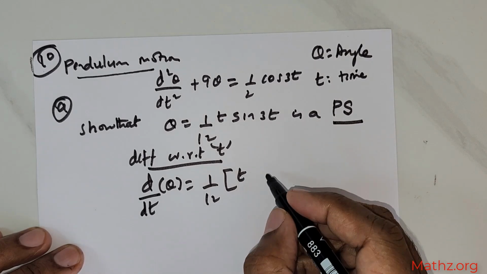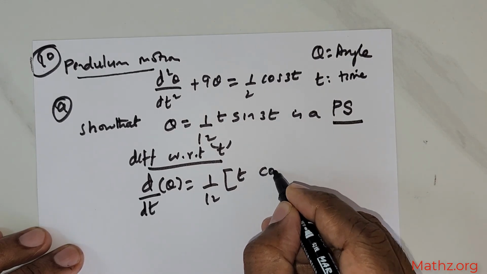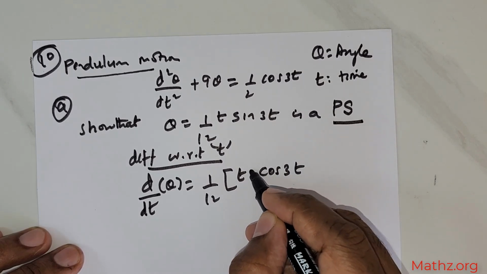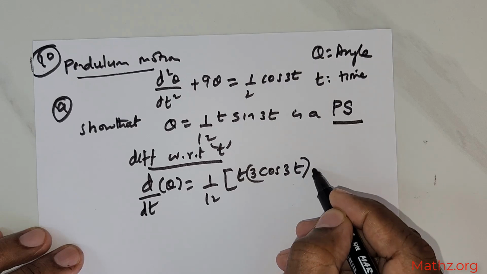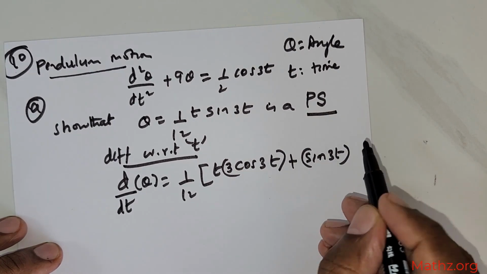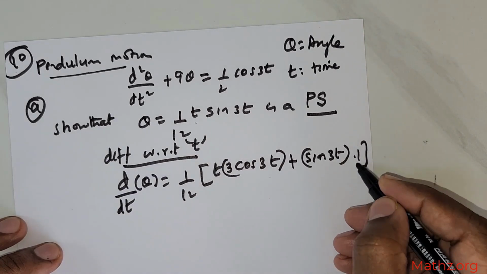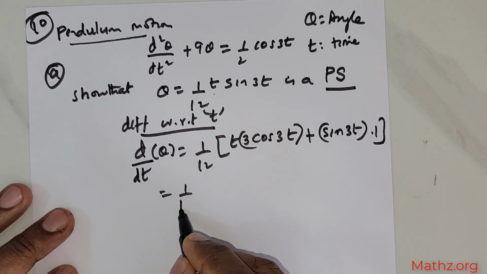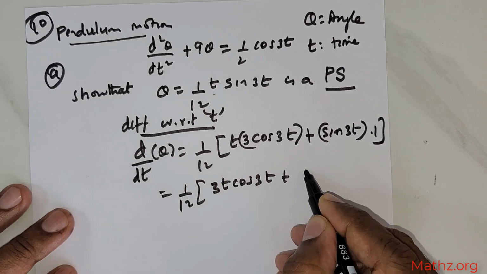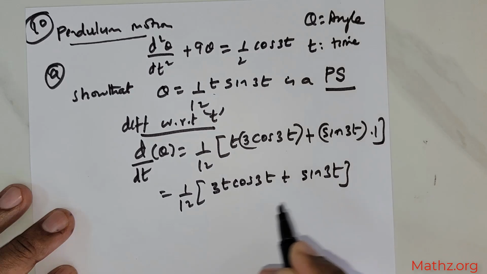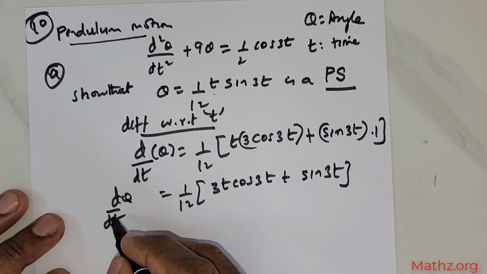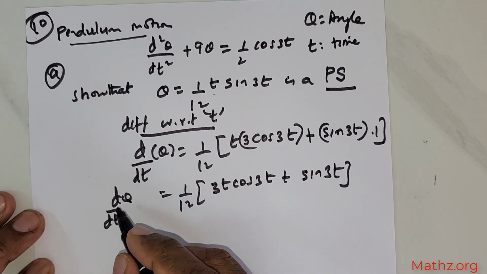So t times differentiation of sine 3t, that's cos 3t, coefficient of t is 3, so I multiply it, positive sine 3t, differentiation of t is 1. I'm going to rewrite this as 3 times t times cos 3t positive sine 3t. Now this is my d over dt of theta.